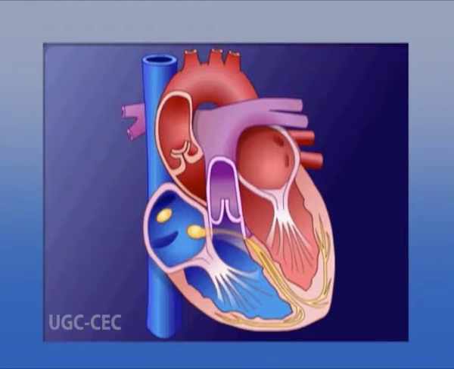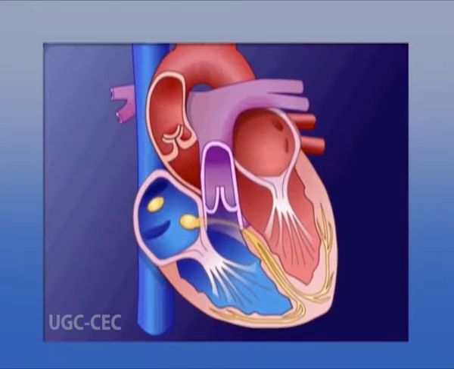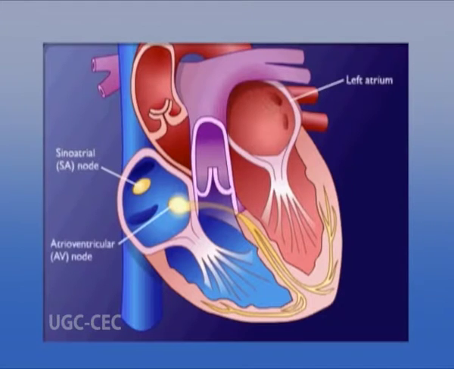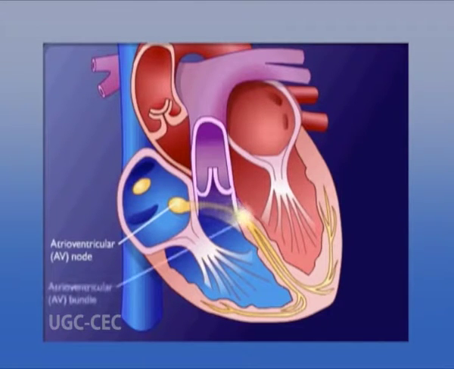The signal then travels to the auriculoventricular or AV node, which is found at the bottom of the right atrium in the atrioventricular septum, lying in the boundary between the right atrium and the left ventricle. It is the latent pacemaker of the heart. There is a slight delay of 0.1 second in the transmission of impulse from the AV node to the next part.